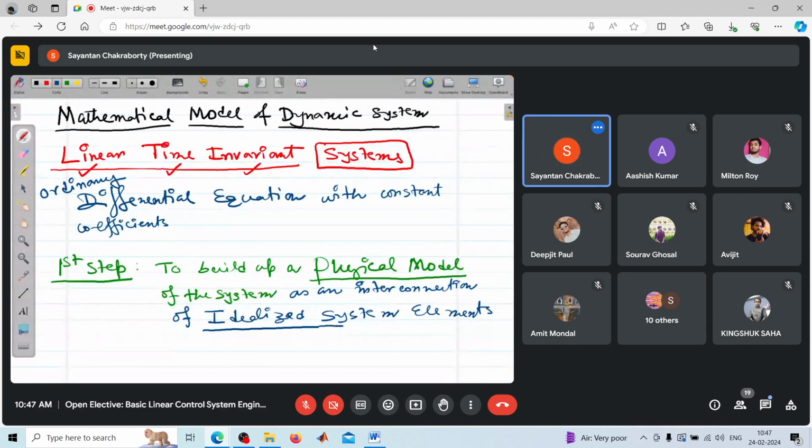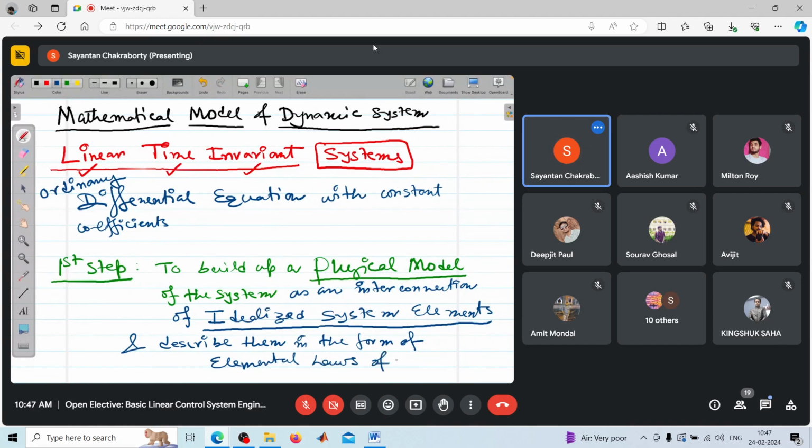What are the idealized system elements, and describe them in the form of elemental laws.